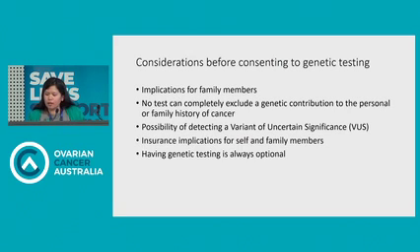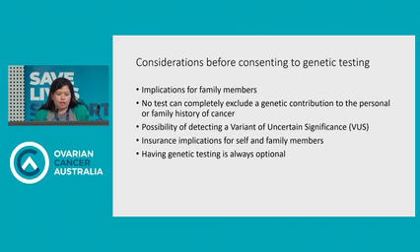Now, when we do genetic testing, sometimes we don't get a straightforward answer. We don't get a negative or a positive answer, but instead we detect a variant of uncertain significance. A VUS is when we detect a spelling mistake, but we may not understand for sure whether that spelling mistake will affect the function of the gene and whether it can explain the individual's diagnosis of breast cancer.